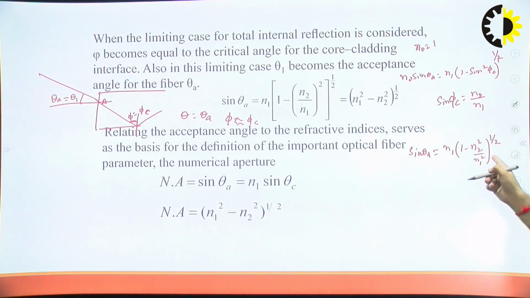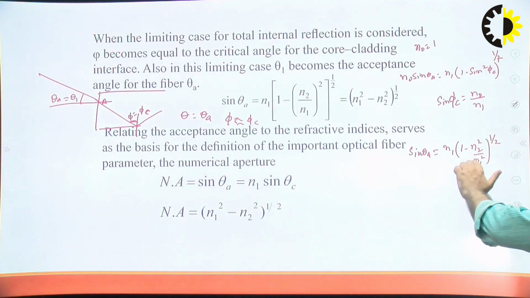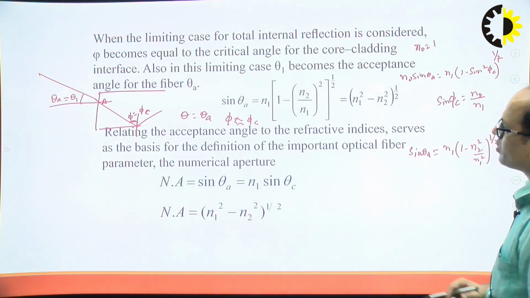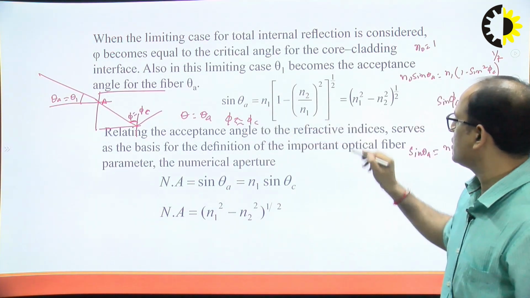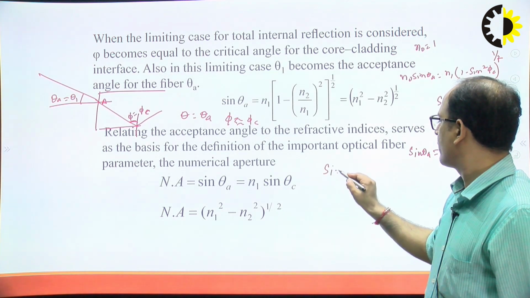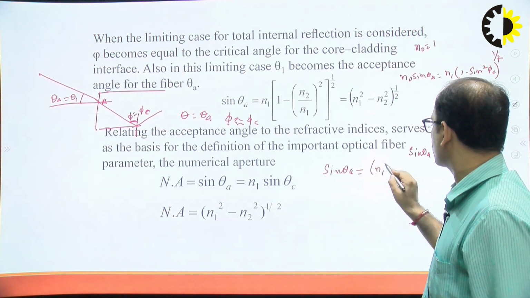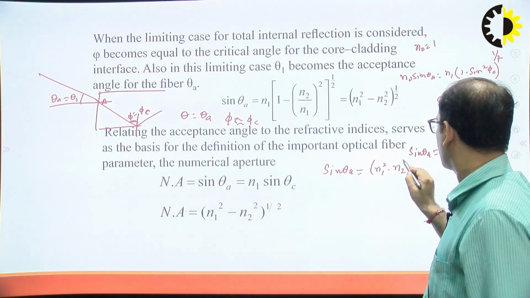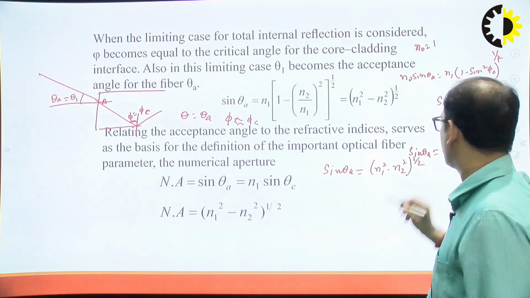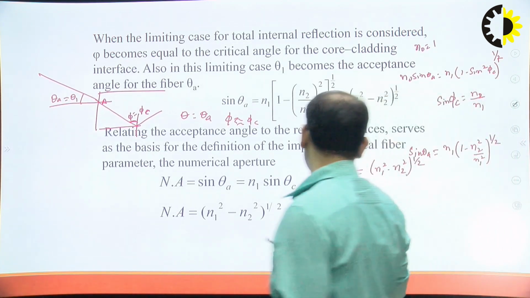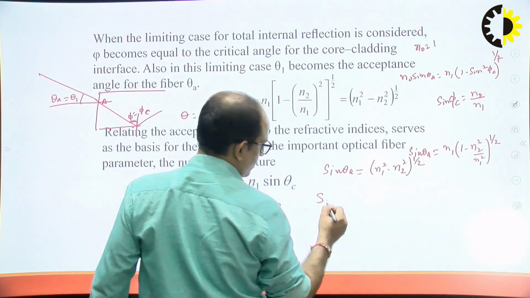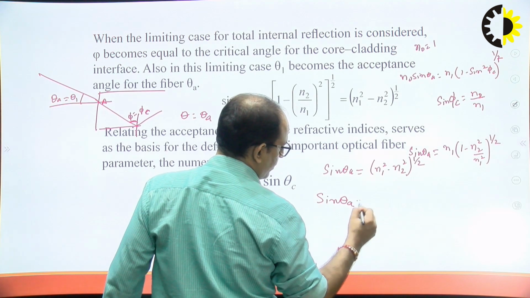On taking the LCM, n1 will get cut out, and you will see that sin theta a will become equal to (n1 square minus n2 square) to the power 1/2, and this is sin theta a.